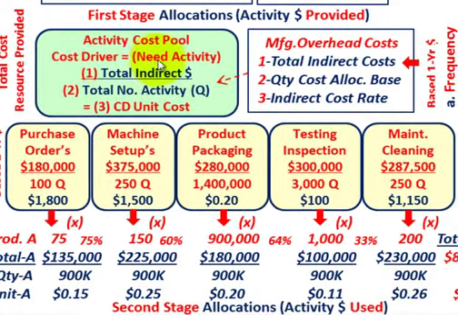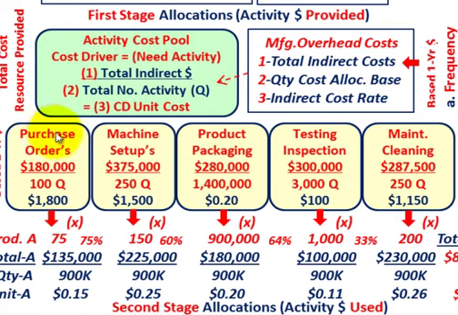So for our different activity cost pools, we're just going to be looking at these two different products, product A and product B. And we've got 5 different cost pools that we set up as our overhead costs for this example, and we determine those activity cost pools, and that's really our total indirect cost based on 1 year's indirect cost for these products.